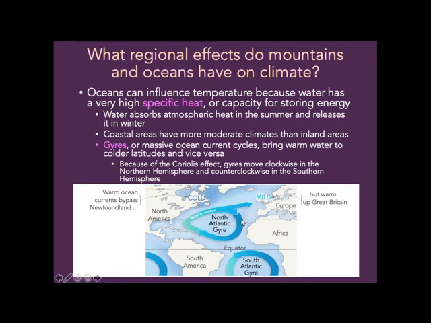Well, there seems to be a gyre, a big circular ocean current going around here. In the northern hemisphere, gyres go in a clockwise way because of the Coriolis effect, and a counterclockwise way in the southern hemisphere. And for whatever reason, you have a gyre here that's going past Africa and then picking up warm water as it goes past South America. And the warm water is completely bypassing Newfoundland and then being shunted over to the UK. And so for that reason, very cold in Newfoundland, but not very cold in Great Britain.